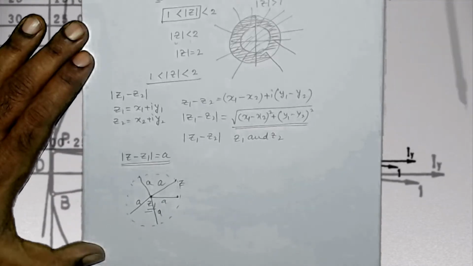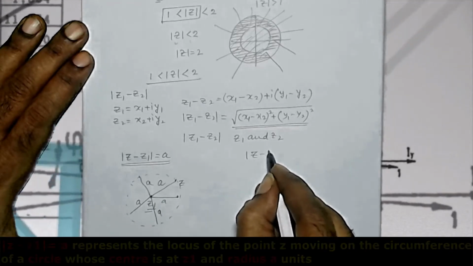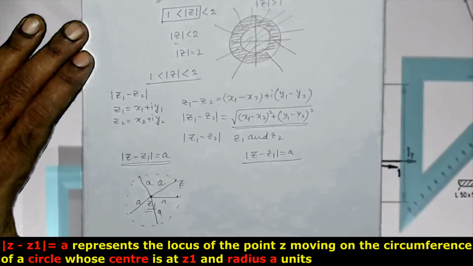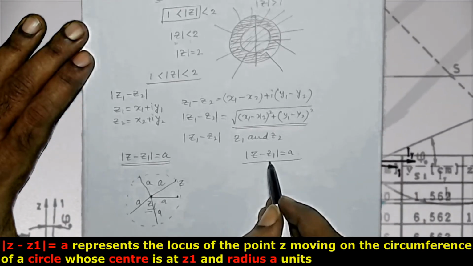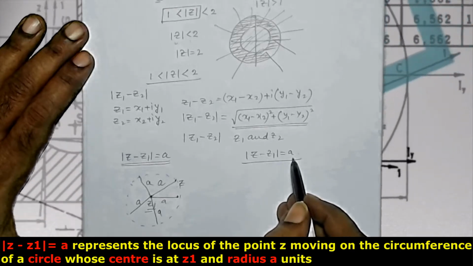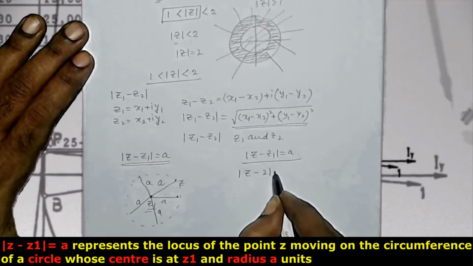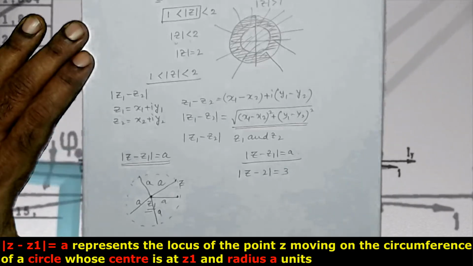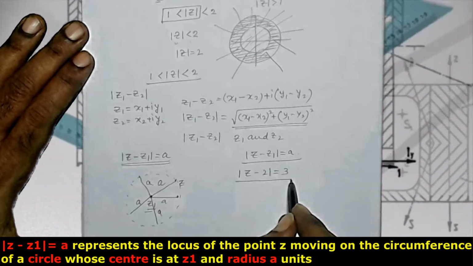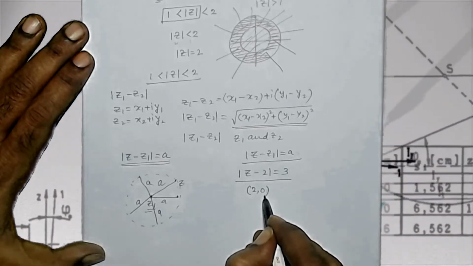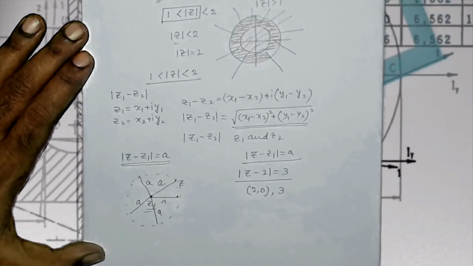Is it clear? So modulus of z minus z1 equals a represents a circle whose center is at z1 and radius is a. Let us say, for an example, if I say mod of z minus 2 is 3, what do you mean by this? This basically represents a circle whose center is at 2, 0 and radius is 3.